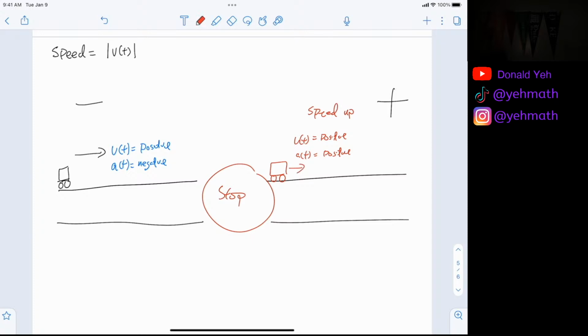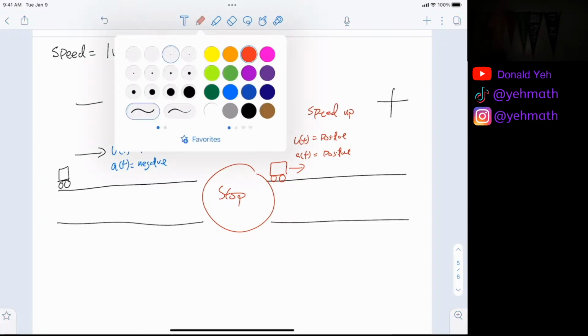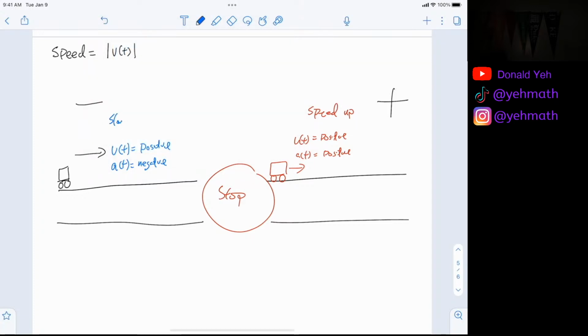So this part is slowing down. How many of you understand this? It's pretty easy to understand going in this direction. You're decelerating because you press the brake instead of the gas, so your acceleration is negative. After the stop sign, you press the gas, and it's in the positive direction. So in this first case, the direction doesn't really matter, because we go in the positive direction.